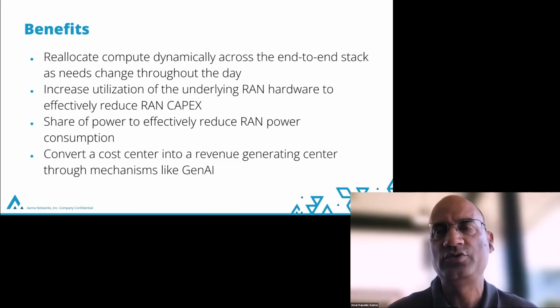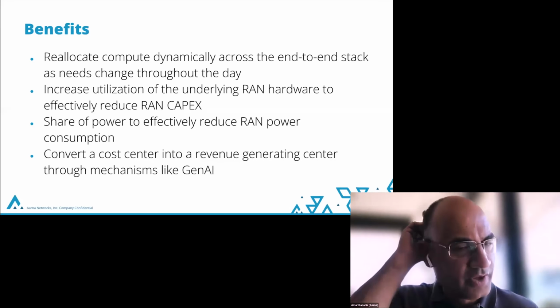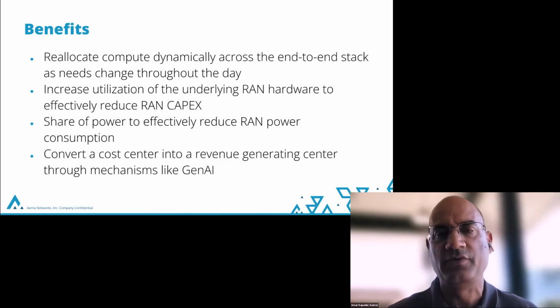And then you dynamically swap out DU/CU and replace it with other workloads as needed. What that does is it increases the effective utilization of the RAN hardware, because now you're using it not just for RAN, but for something else. So the RAN CapEx now effectively went down, because let's say 50% of the compute is used for machine learning, 50% for RAN, then your CapEx just got slashed by major amounts.